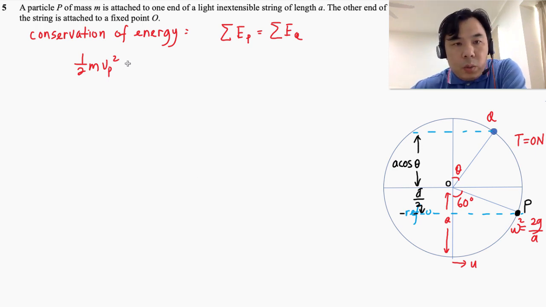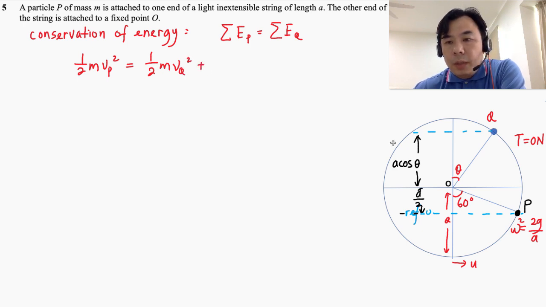This must be the same as the kinetic energy at Q, which is half m v_Q square, and at the same time you also gain gravitational potential energy, which is mgh.